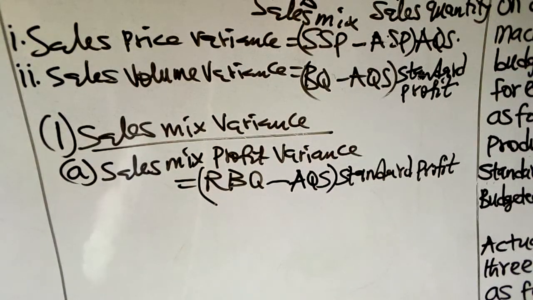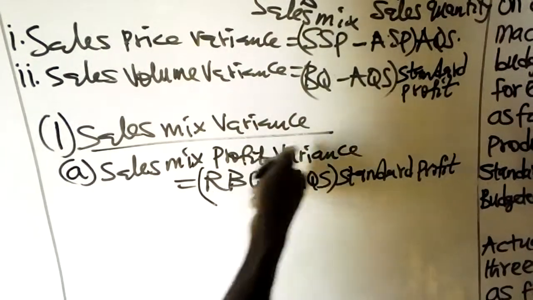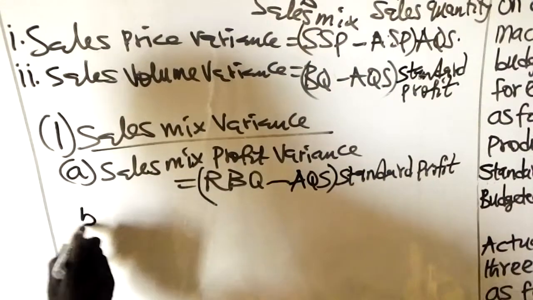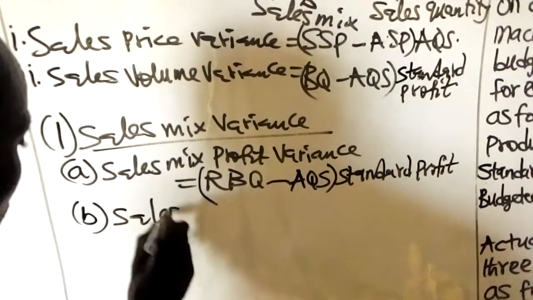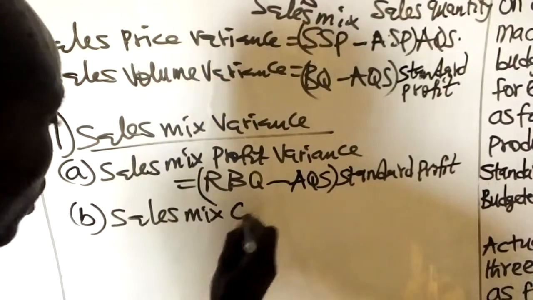Then the second one is sales mix contribution variance.